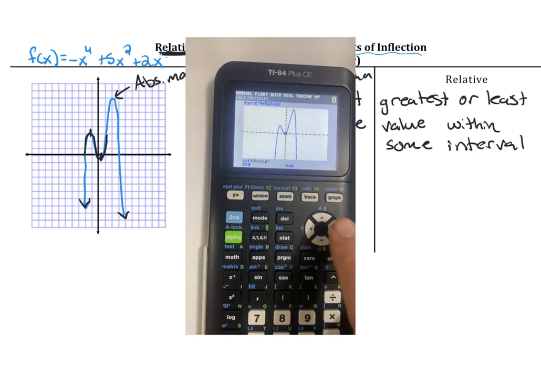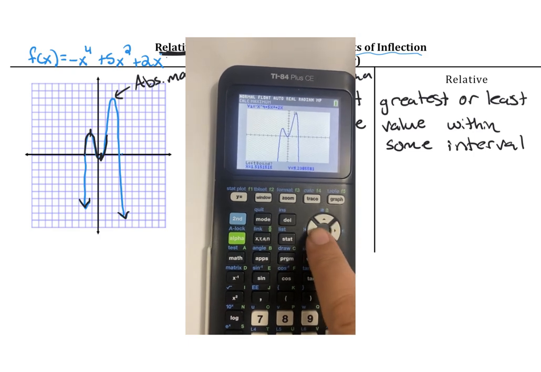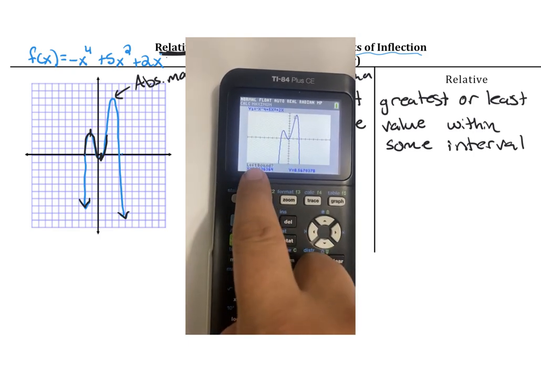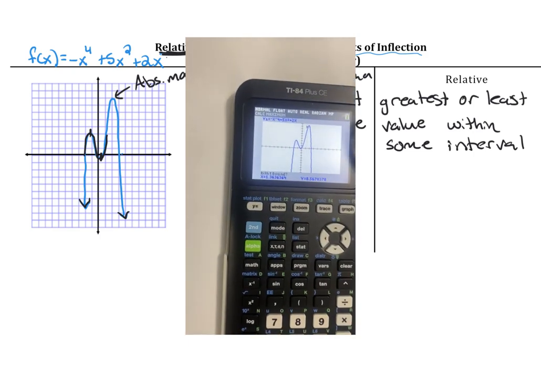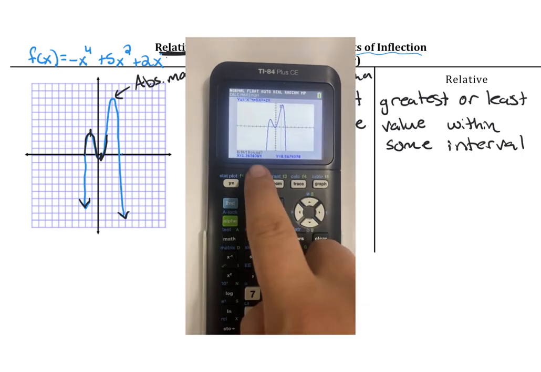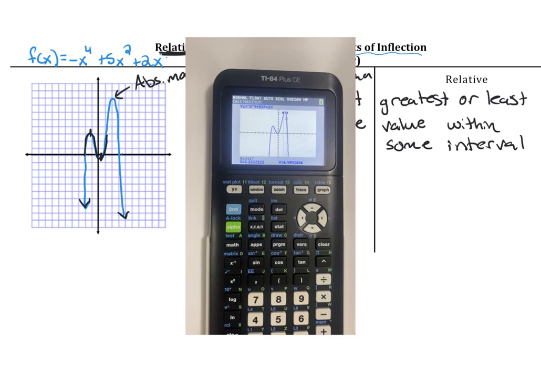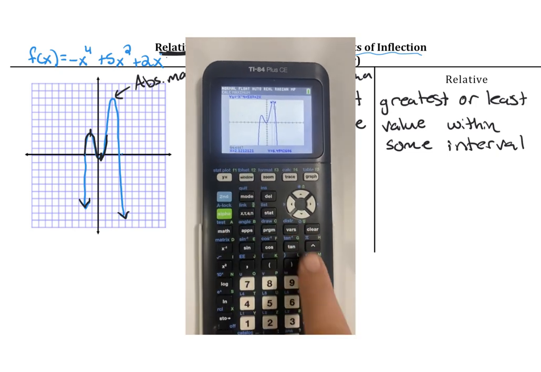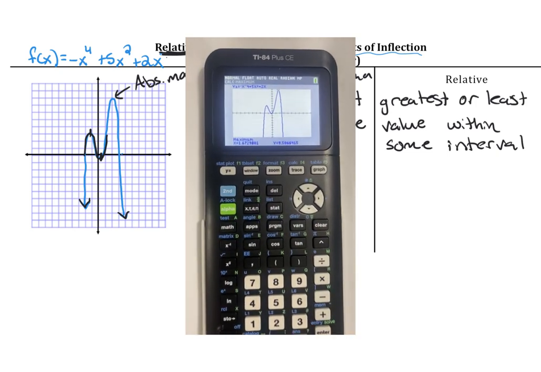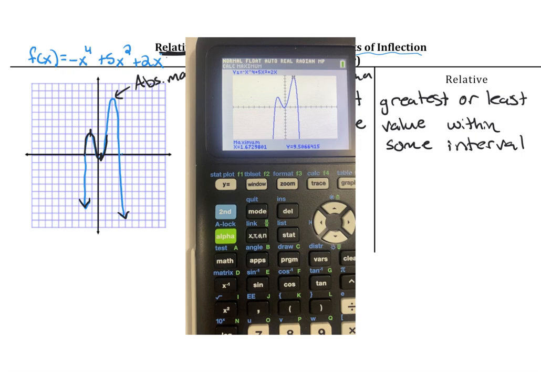I'm going to do maximum and go to my max. But notice how it says left bound. Pick a spot left of the max and hit enter. Right bound, pick a point right of it, hit enter. And then you have to enter one more time. And then right there, you get your maximum value, your absolute max.